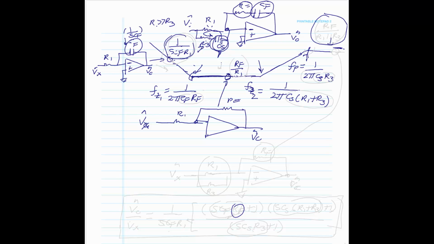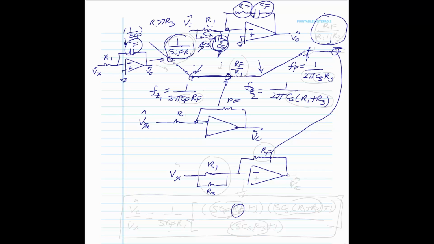Remember what the circuit looks like at the high frequency. That means all the capacitors are shorted. So at high frequency, what you have is RF, because that CF is shorted, and you have R1 in parallel with R3 because the CS is shorted.